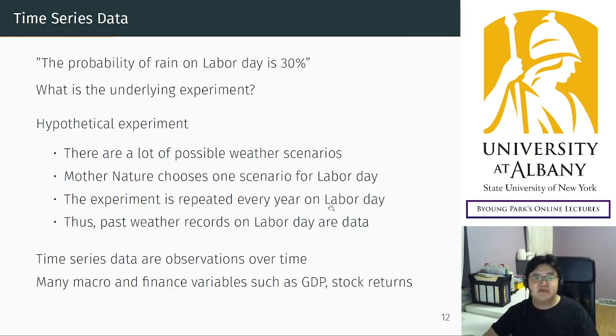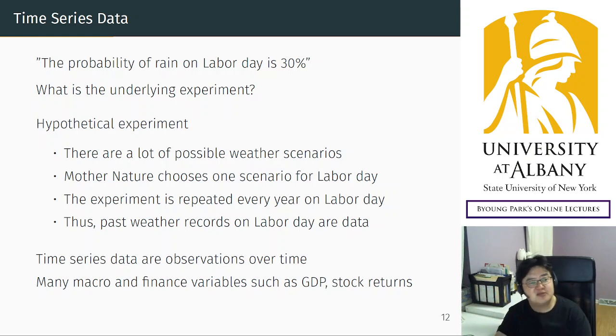Another important type of data is time series. Think about this: the probability of rain on Labor Day is 30%. Think about this sentence. It's clear, you know what it means. You also know that 30% is the probability, and the event is rain on Labor Day. Rain on Labor Day is a well-defined event, right?